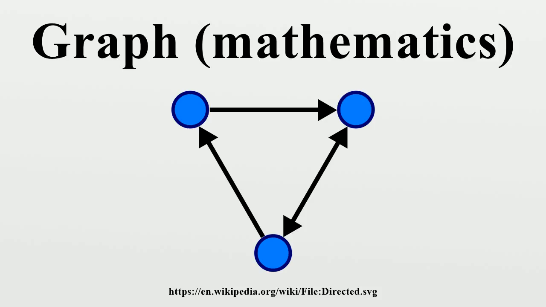Connected graph. In an undirected graph, an unordered pair of vertices {x, y} is called connected if a path leads from x to y. Otherwise, the unordered pair is called disconnected. A connected graph is an undirected graph in which every unordered pair of vertices in the graph is connected. Otherwise, it is called a disconnected graph.